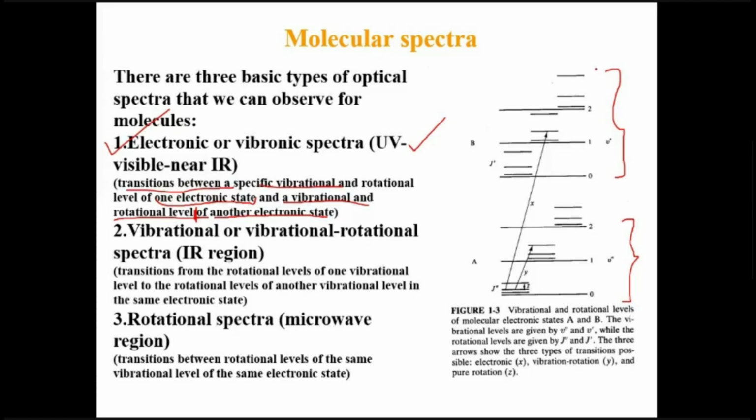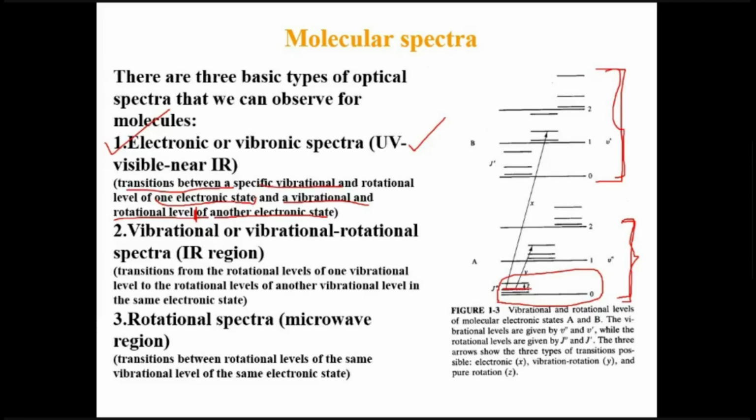So this is one electronic state, this is another electronic state. Say we are at zero level of vibration and at the third level of rotation.